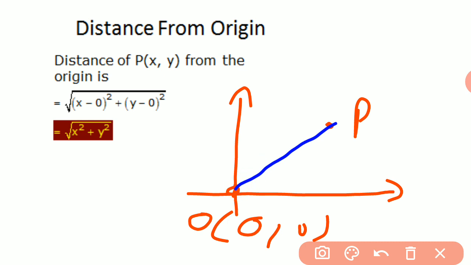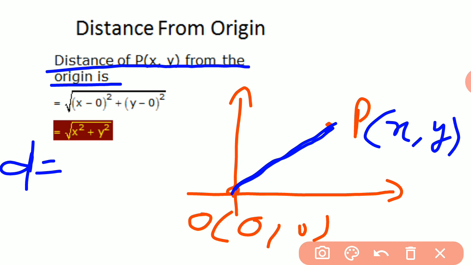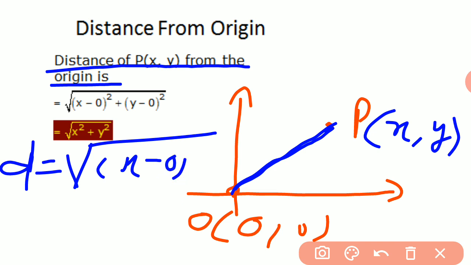So the distance of (x, y) from the origin is, suppose the coordinate of P is x and y, then we will use the formula d, that is OP equals under root of x2 minus x1 whole square, that is x minus 0 whole square plus y minus 0 whole square.